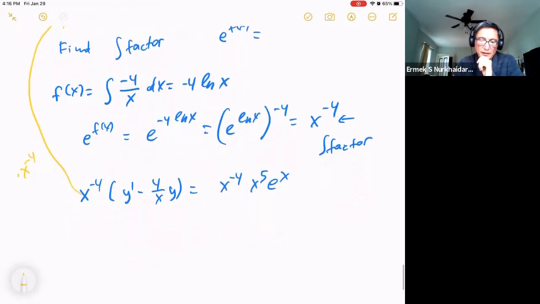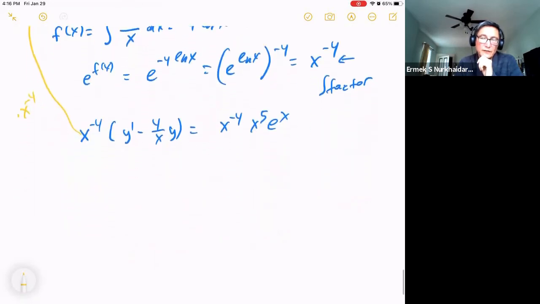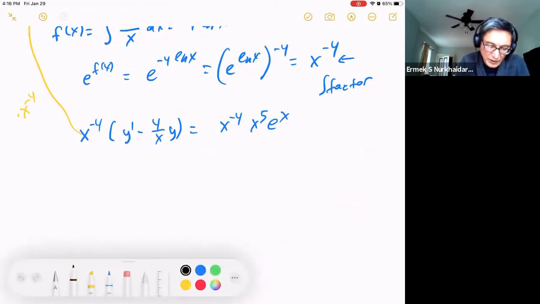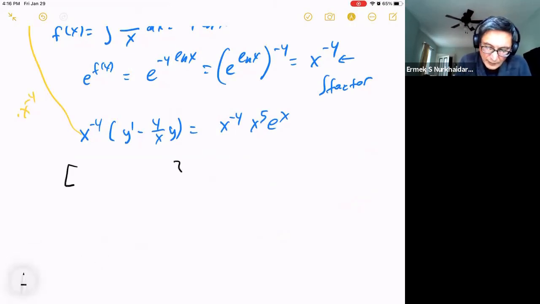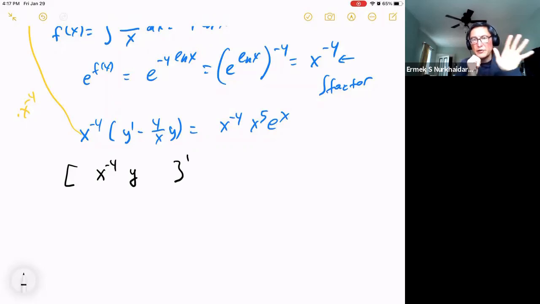Then if my calculations are correct, I don't have to worry about the left side. The left side is supposed to be the derivative of x to the negative 4 times y. I don't even have to distribute anything to the left side. But I should know that the derivative of x to the negative 4 times y is supposed to be on the left side.